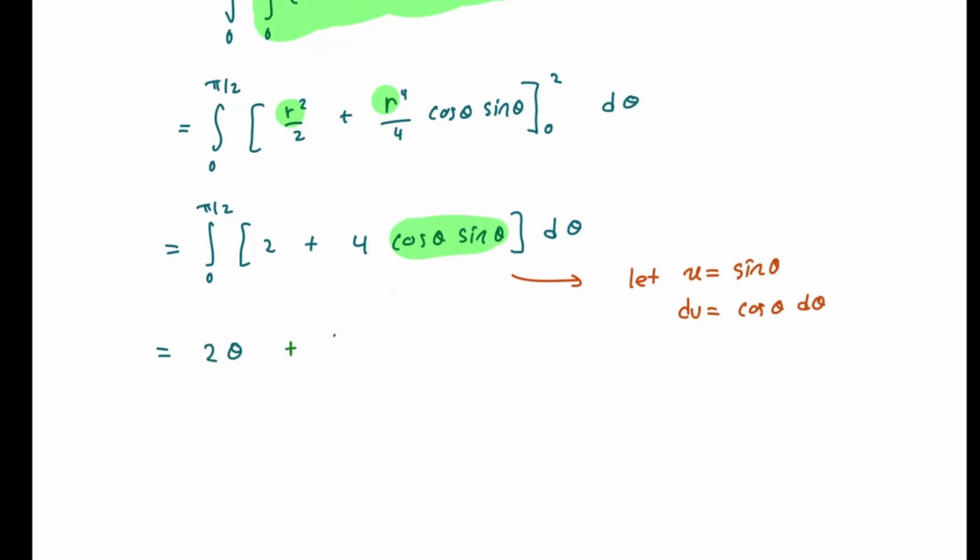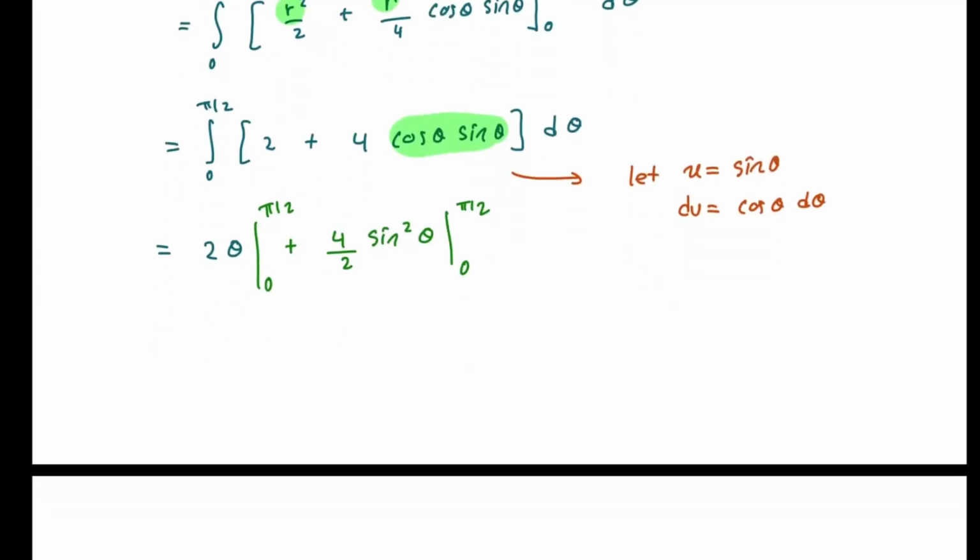So that will be 4 over 2 times u squared, which is sine squared theta. And then we evaluate each of these from 0 to pi over 2. I hope you were able to follow me as I did the u substitution and carried out the integration. Okay, so now let's simplify this.